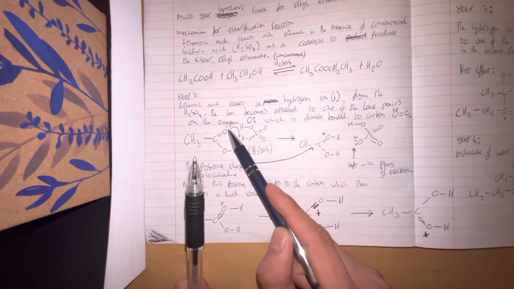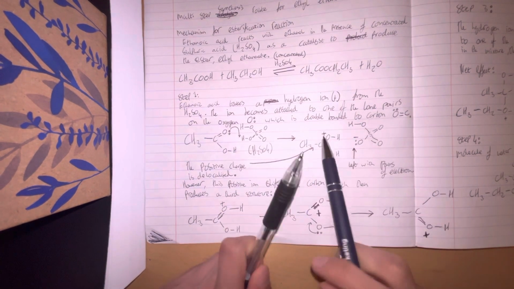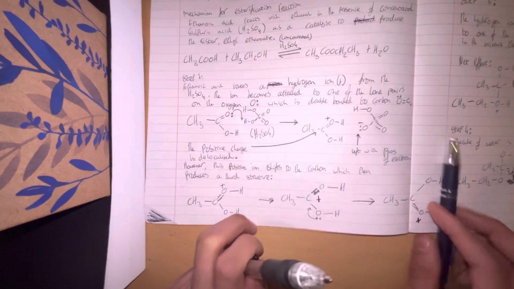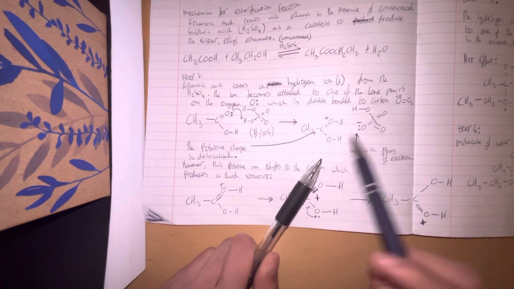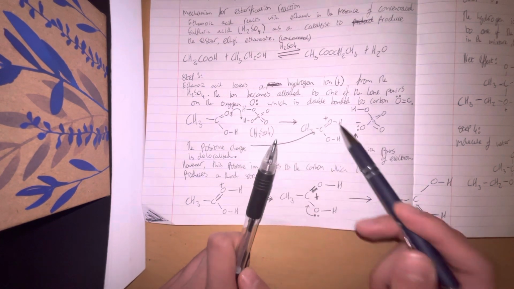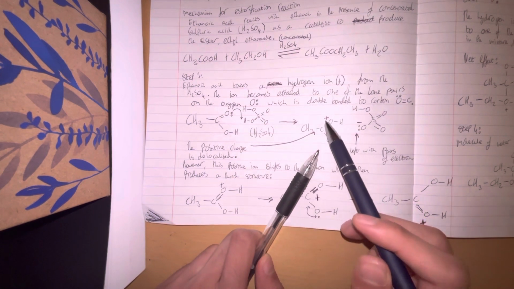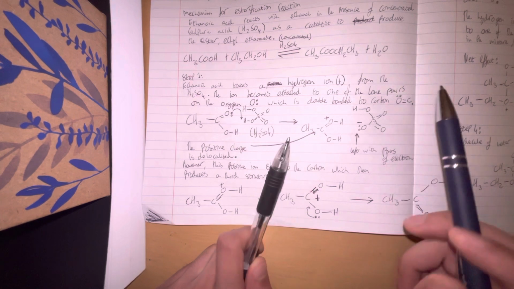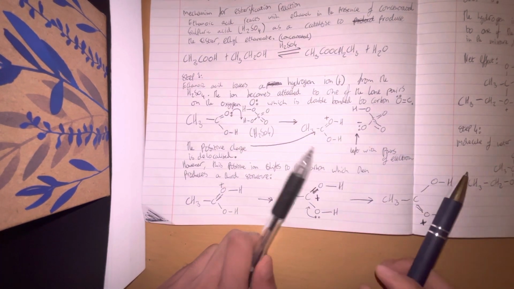The proton switches with that, and then it creates OH and another OH. So they both look symmetrical, and the positive goes to the oxygen here, which then in step 2 would go back down to the carbon atom.